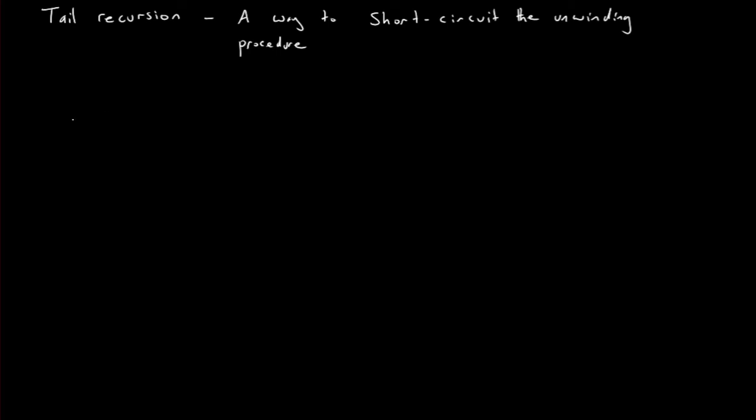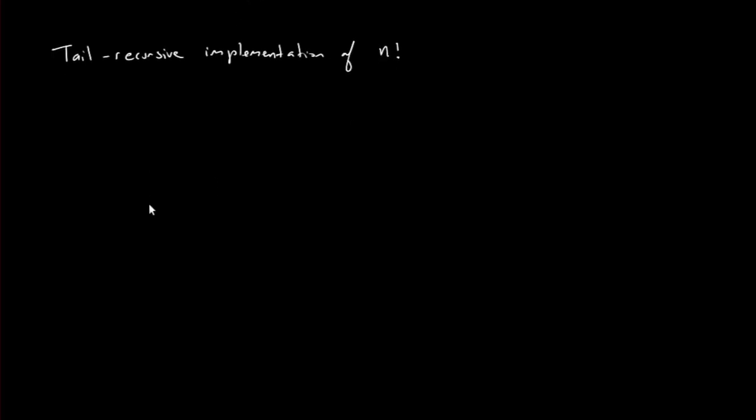Firstly, how tail recursion works, by writing a tail recursive implementation of n factorial. So this time we're going to talk not about f of n, but about f of n and another variable a.